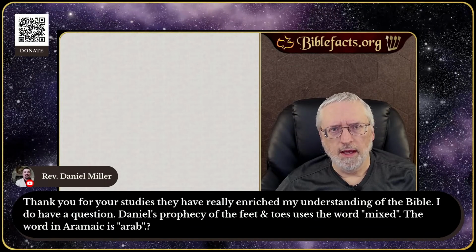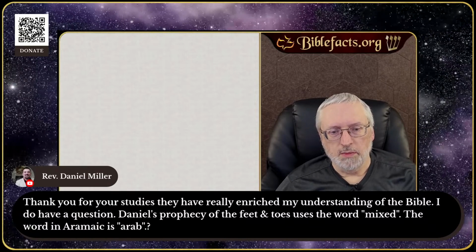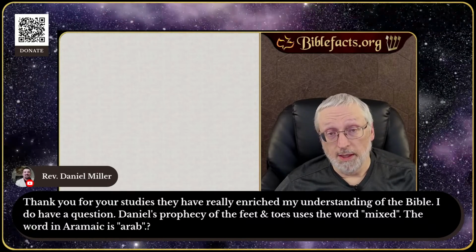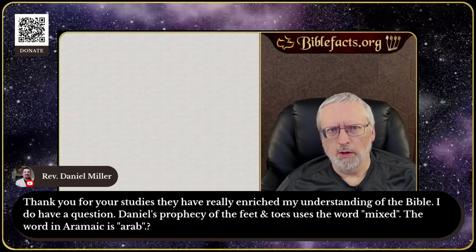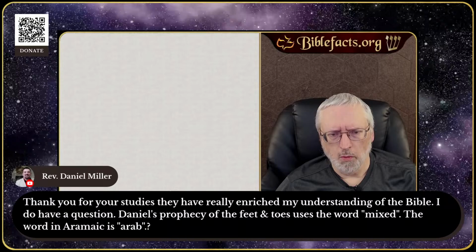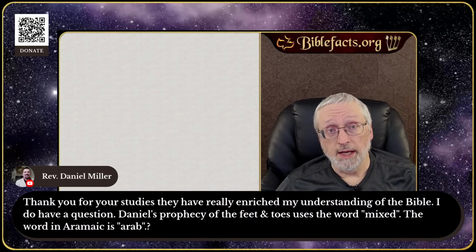It's E-R-A-V, Rav, in Hebrew, but it can very easily be spelled A-R-A-B, which in English means Arab. I don't know what the Arabs call themselves in Arabic, if it's Rav or what it is, but that is a good point. Something to keep an eye on.